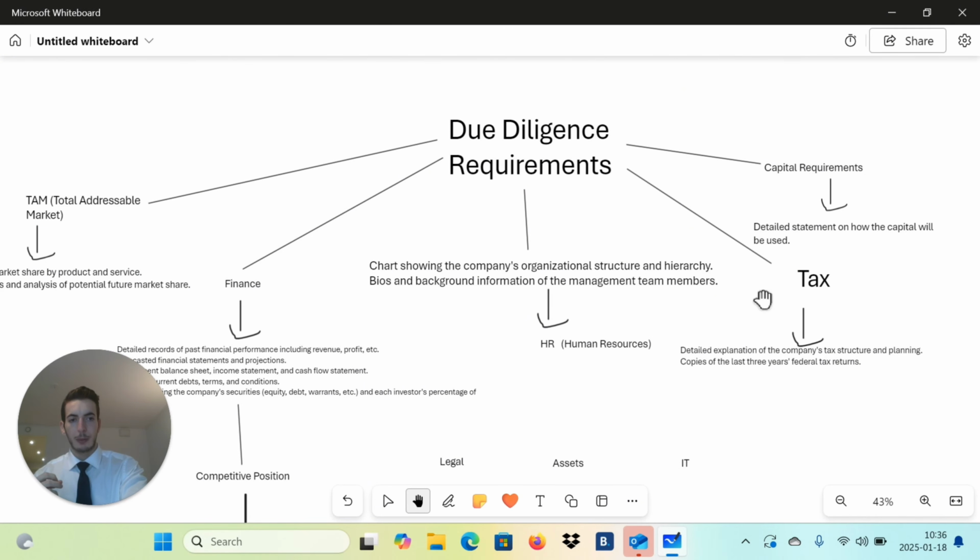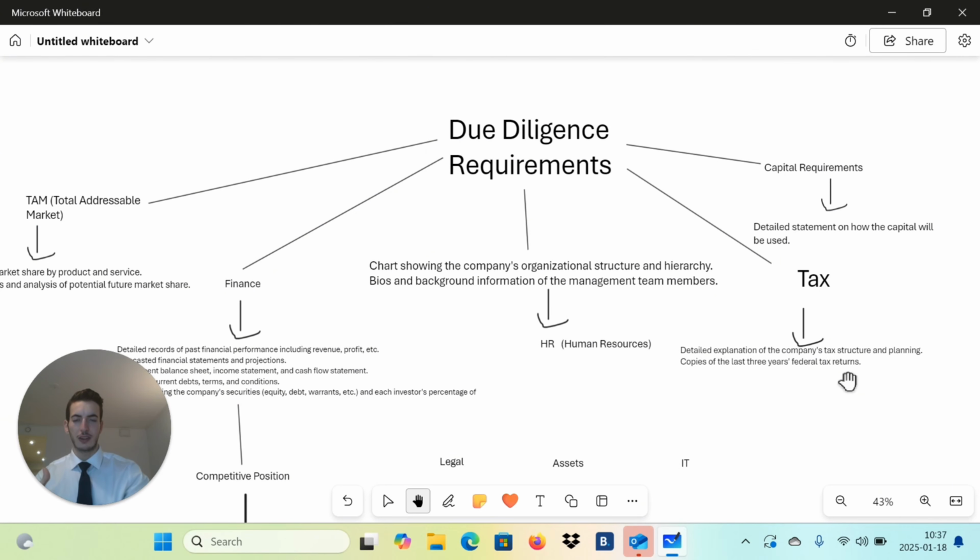At the same time, now we talk about publicly traded companies. If you have a publicly traded company and you look to raise capital, that is most relevant to you. You need to show them tax, a detailed explanation of the company's tax structure and planning, copies of the last 3 years of federal tax returns.